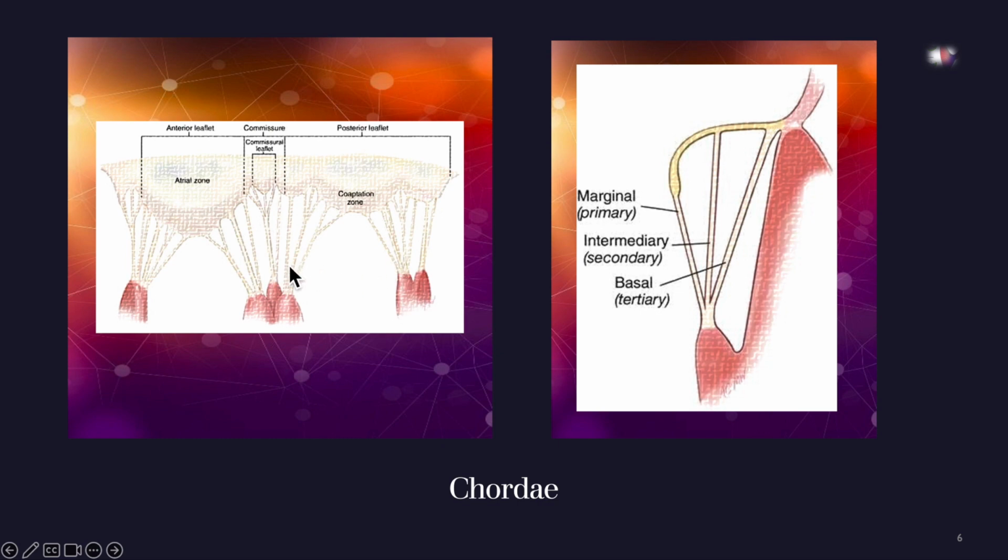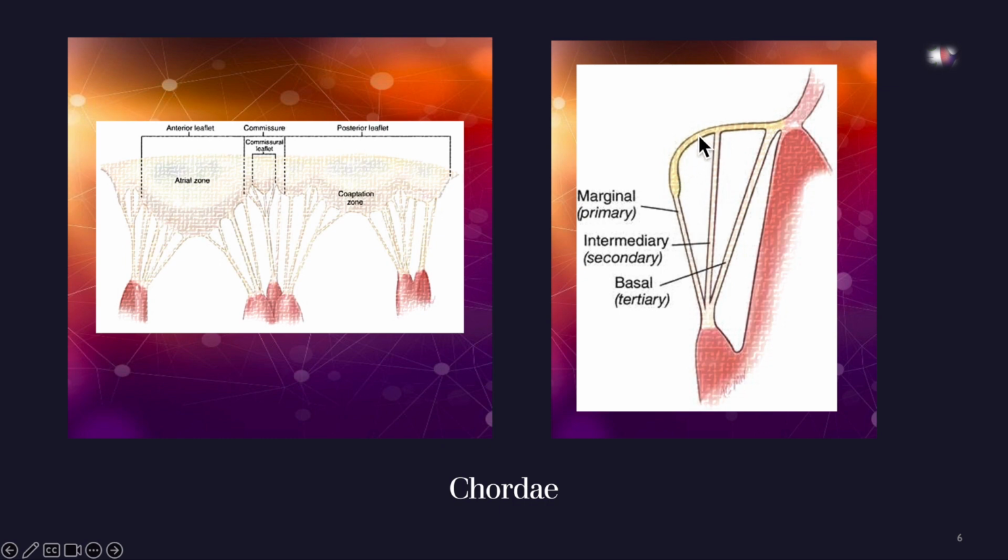Now a bit about the chordae. I already told you we have commissural chordae, and then this is the tip of my leaflets. At the tip of the leaflets you see these chordae which are attached, and these are called primary chordae, or marginal chordae, attached to the tip of the valve.